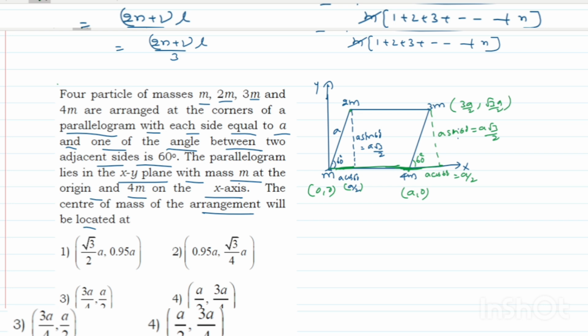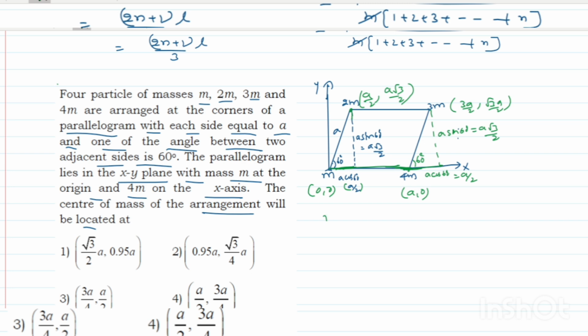Now here let us talk about the 2m mass along the x-axis. Along the x-axis it will be located at a by 2 distance. Along the y-axis, you can take as a into root 3 by 2. So these are the coordinates you are getting, students. Here let us take clearly.